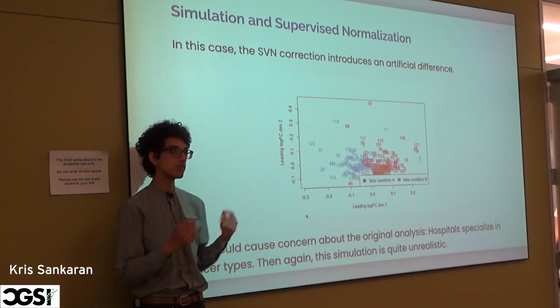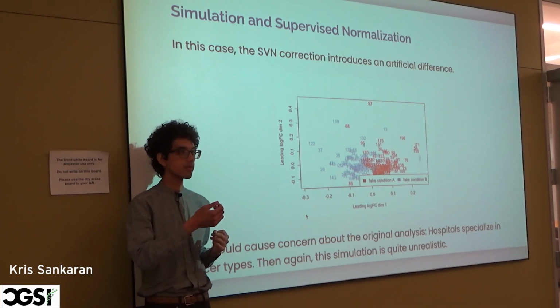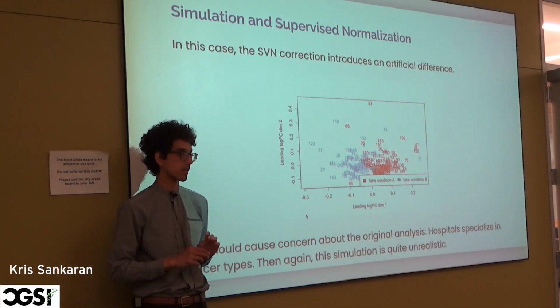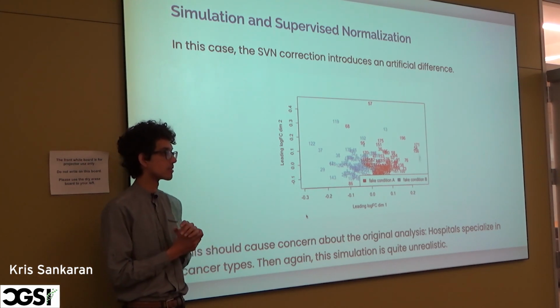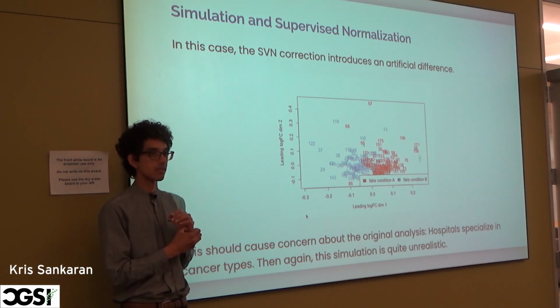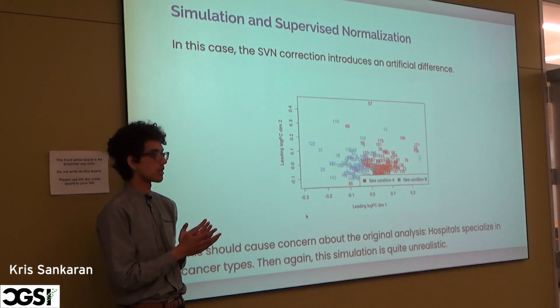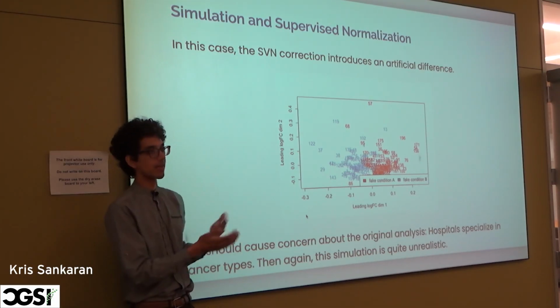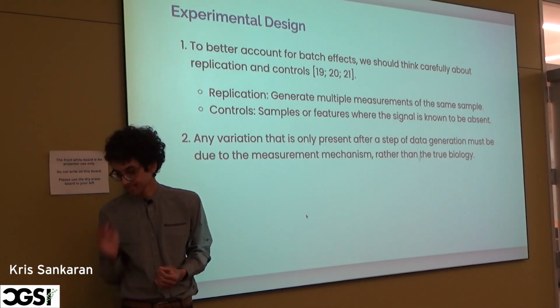So by trying to remove the hospital effect, they were accidentally introducing a cancer effect. That's what allowed them to seem to be able to predict the difference between the cancers. This is unfortunate because there might actually be some diagnostic potential from microbiome and cancer. But the fact that you could run the simulation and see this sort of effect means at least that analysis you can't rely on to get that conclusion. Okay.